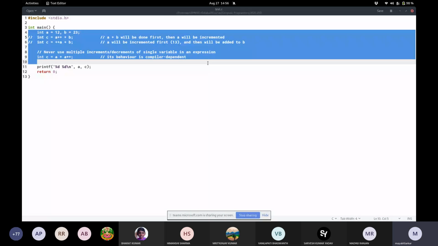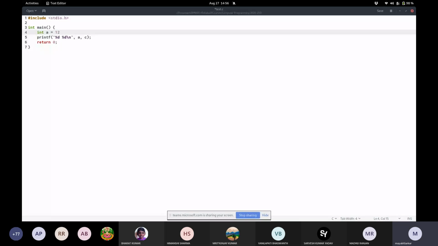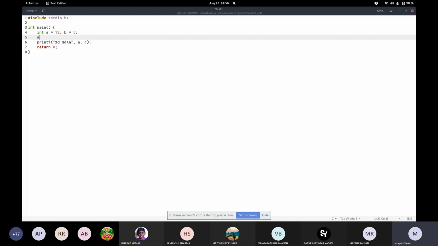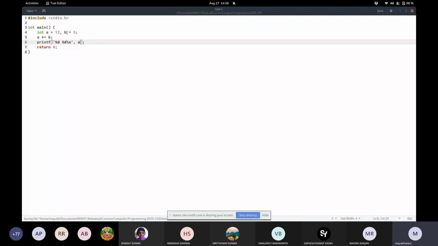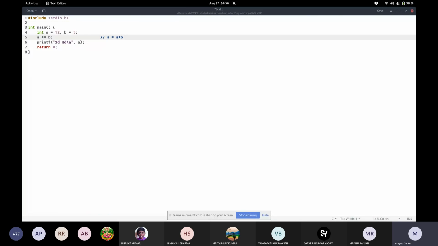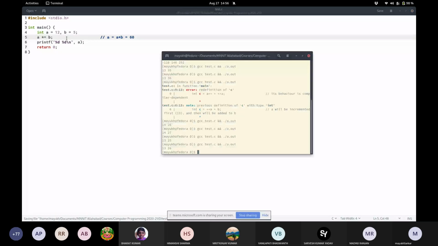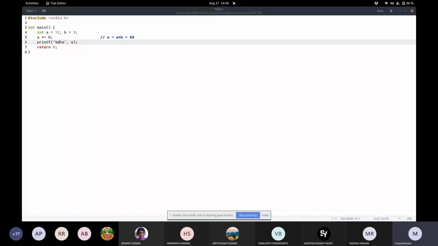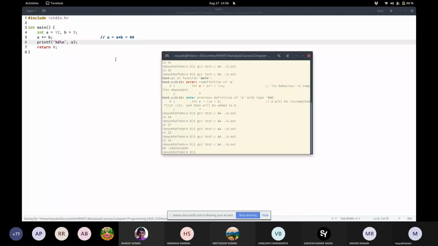A equals suppose 12 and B equals suppose 5, and suppose I'm going to do A multiply equals B. This is equivalent to writing A equals A into B. So the new value of A will become 60. That's another percent here. So it took a value from the next byte which was not available.